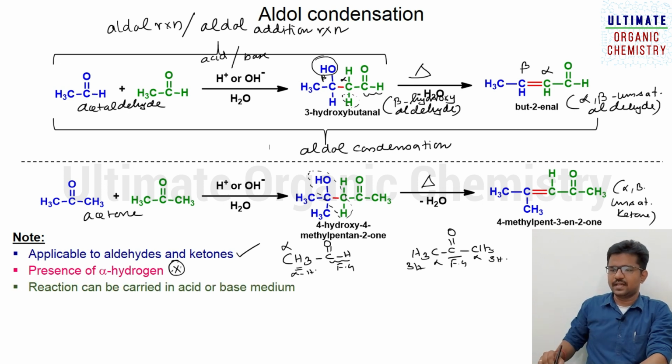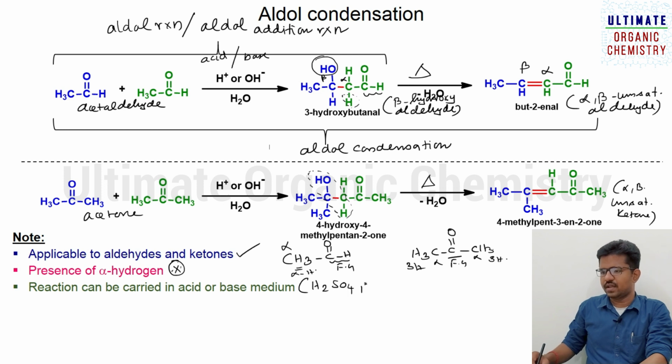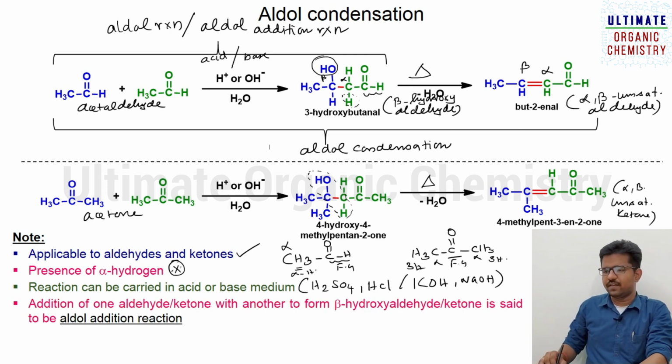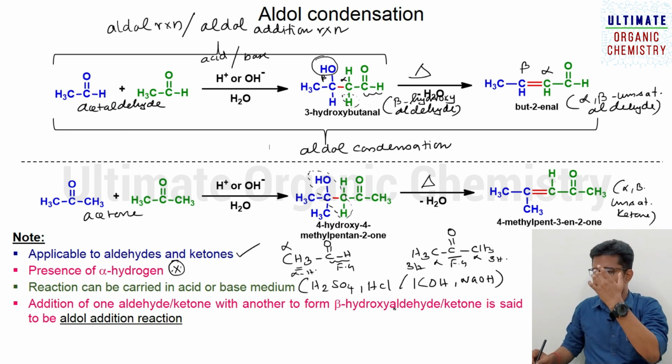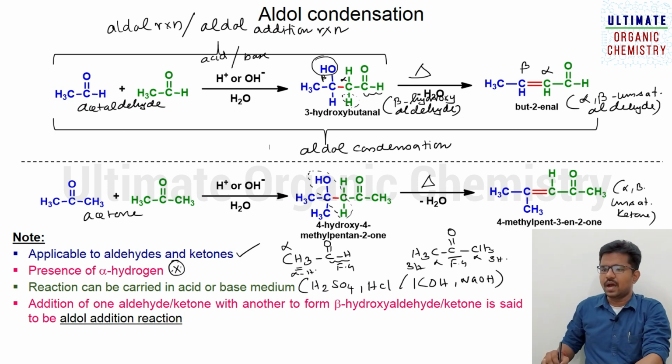Okay, so the reaction can be carried out in the presence of acid as well as base medium. For example, it can be given like this: dilute H2SO4 or HCl, or in the case of base, KOH or NaOH. So this type of acid as well as base can be given. Okay, so next, addition of one aldehyde or ketone with another to form beta hydroxy aldehyde or ketone is said to be the aldol addition reaction.